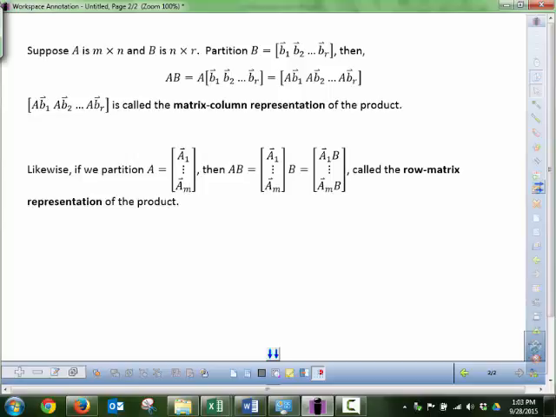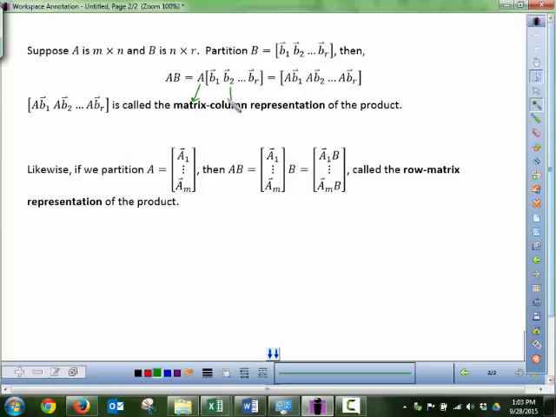We're multiplying it out. And they say that AB can be written as A times the partition of all these B matrices. So if we look at these matrices, we can look at them as a matrix column representation of the product. And what they're doing here is they're looking at A as a whole matrix and B as the column representation of the matrix.